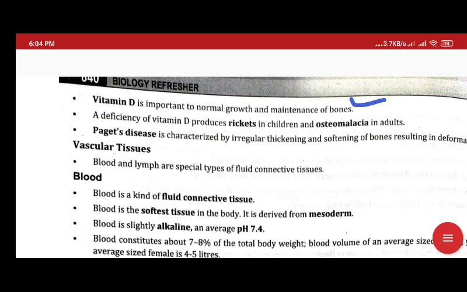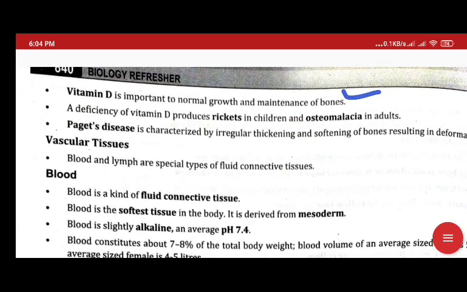Vitamin D is necessary for normal bone growth and maintenance. If vitamin D is deficient in the body, we get rickets in children and osteomalacia in adults. Now Paget's disease is also given.